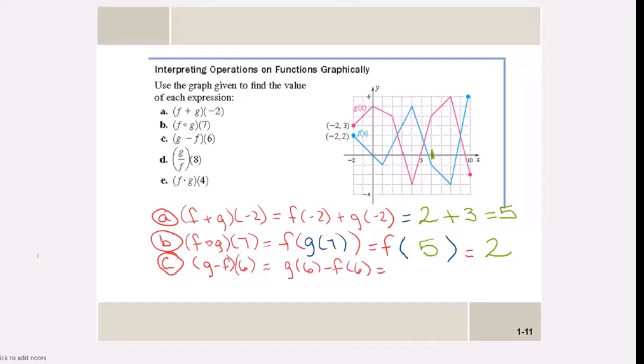G is pink. I go up. There's my point. 1, 2, 3, 4. So g of 6 is 4, minus same 6, I just have to go to f. F is blue, minus 1. So this is equal to 4 plus 1, which equals 5.